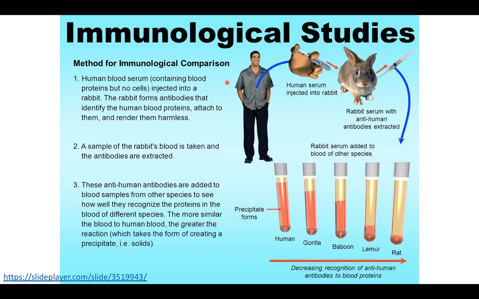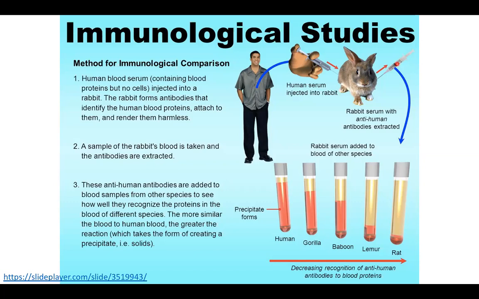Then the scientists will extract the blood from the rabbit, spin the rabbit's blood, separate out the cells, and then take the plasma serum from the rabbit and mix it with the blood of other species.